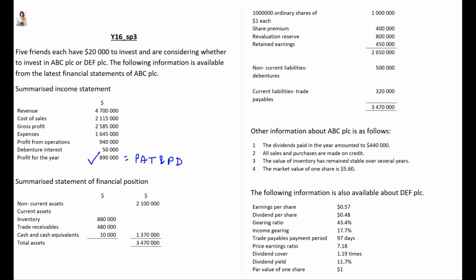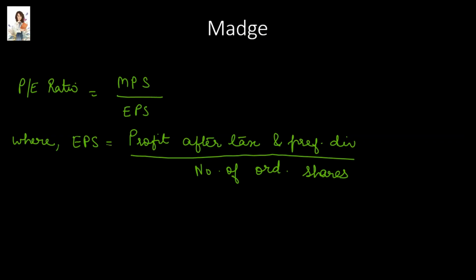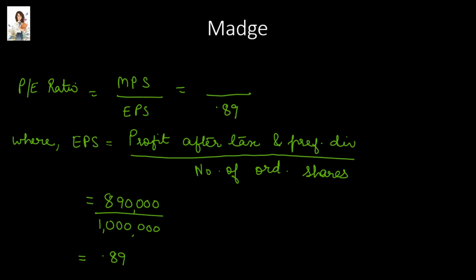And we also know that the company has issued 1 million ordinary shares. So let us find out the EPS. EPS will be $890,000 upon 1 million ordinary shares. That is equal to $0.89. So now we know the EPS. That means we know the denominator of the PE ratio, that is 0.89. Let us see the MPS, that is the market price per share.